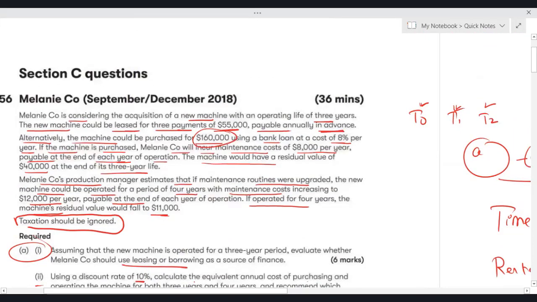Malini Company's production manager estimated that if the maintenance routines were upgraded, the new machine could be operated for a period of 4 years. Maintenance cost increasing to 12,000 per year, payable at the end of each year. If operated for 4 years, then the residual value will be 11,000.